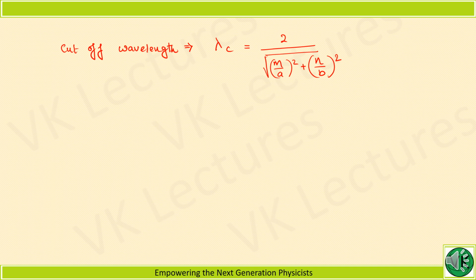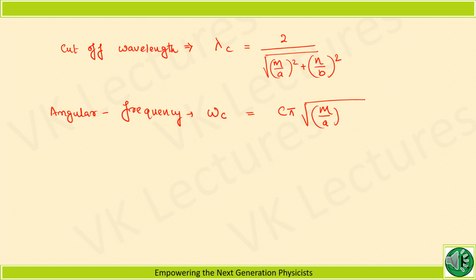And in terms of angular frequency, the cutoff angular frequency omega c is c pi into root of (m by a) whole square plus (n by b) whole square.